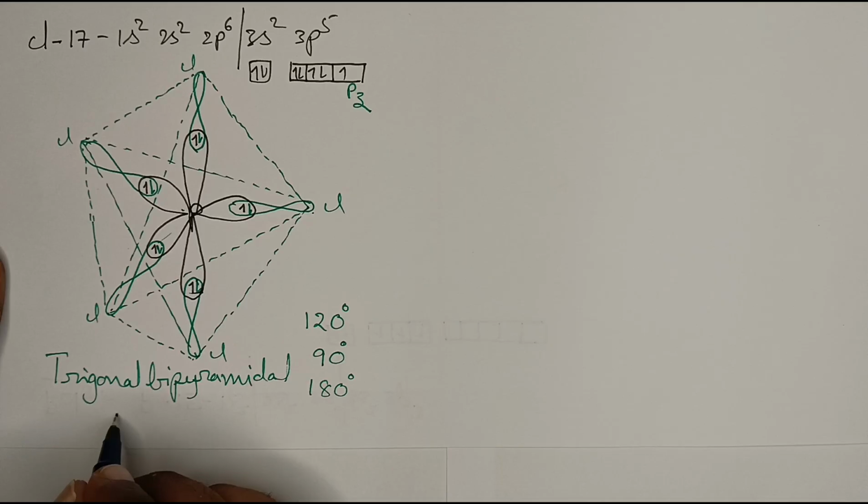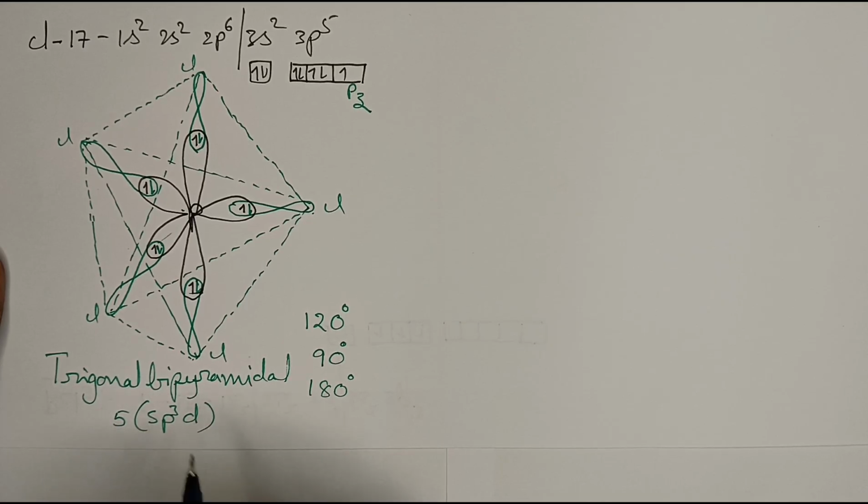So 5 sp3d-p sigma bonds are there in the PCl5 molecule.